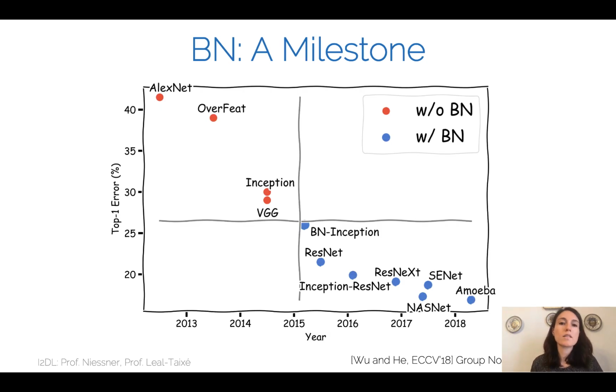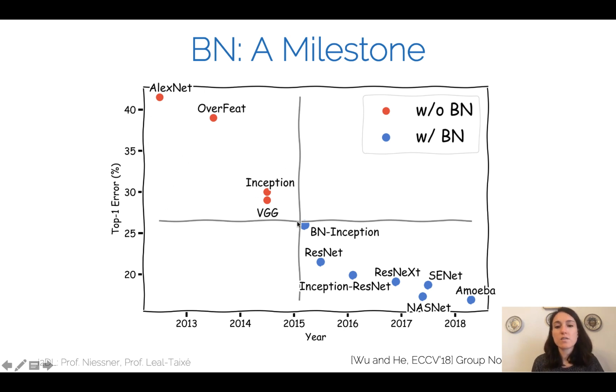And so one can consider batch normalization to be a true milestone. You can see all the methods before 2015, AlexNet, Overfeat, Inception, that were not using batch normalization, and how the top one error in percent was always above 26-27%.